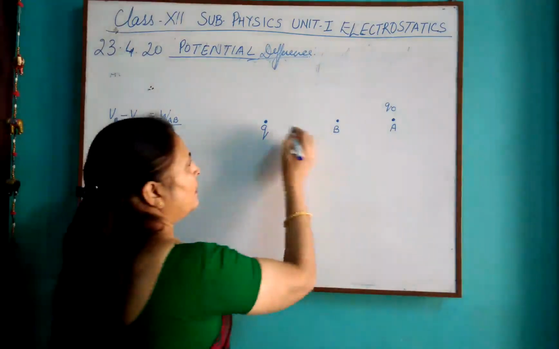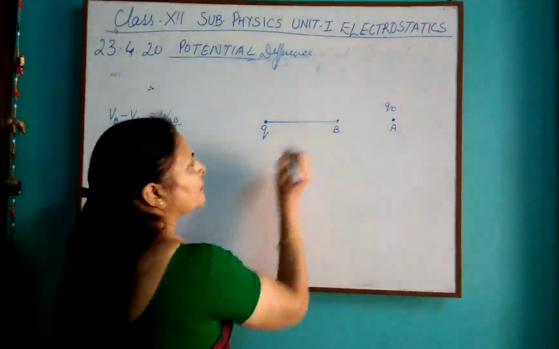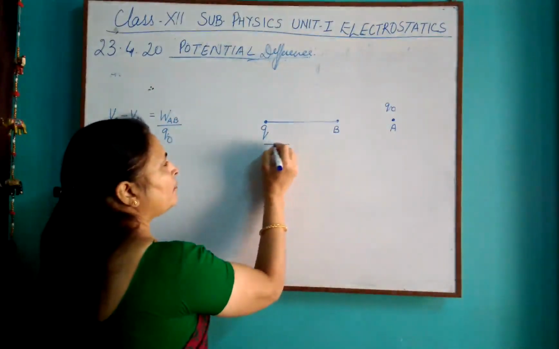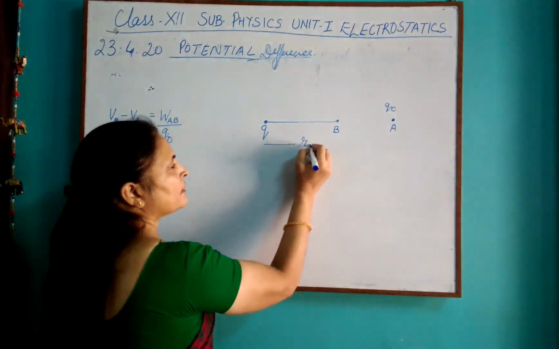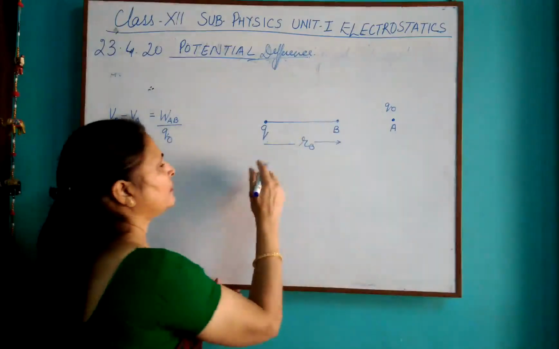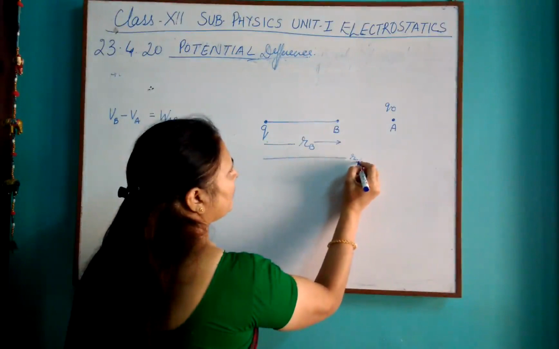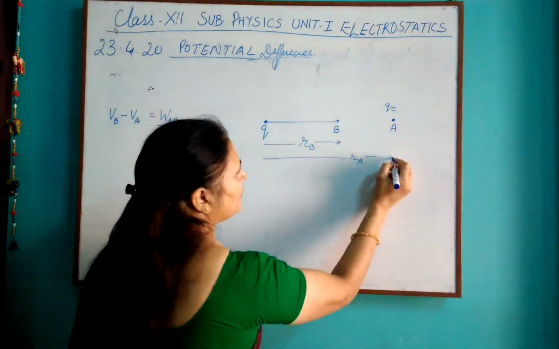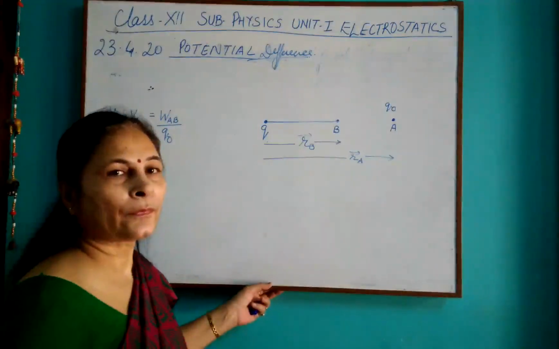The distance of the point, say B, from Q is RB. Distance is increasing in this manner. Distance of point A is increasing this way. So the distance is, say, RA.